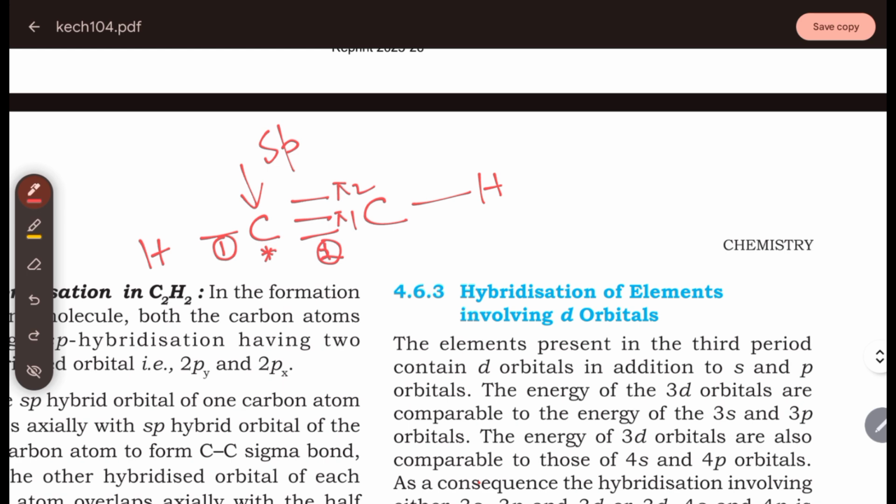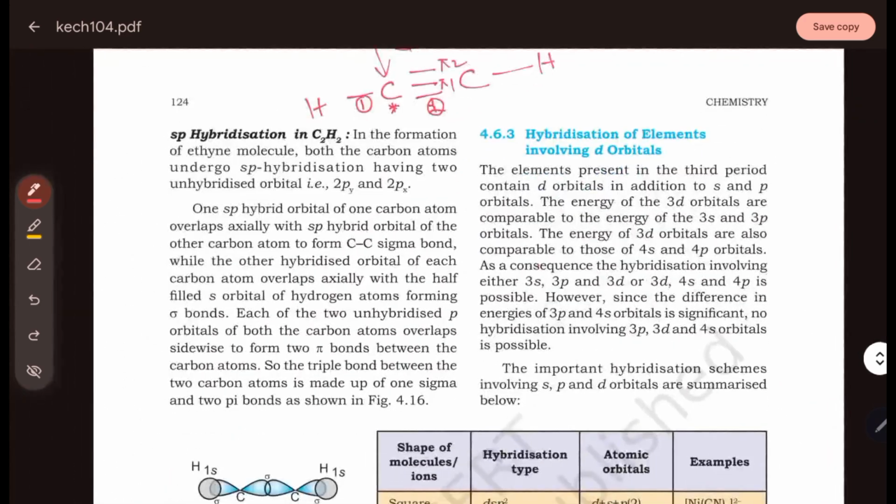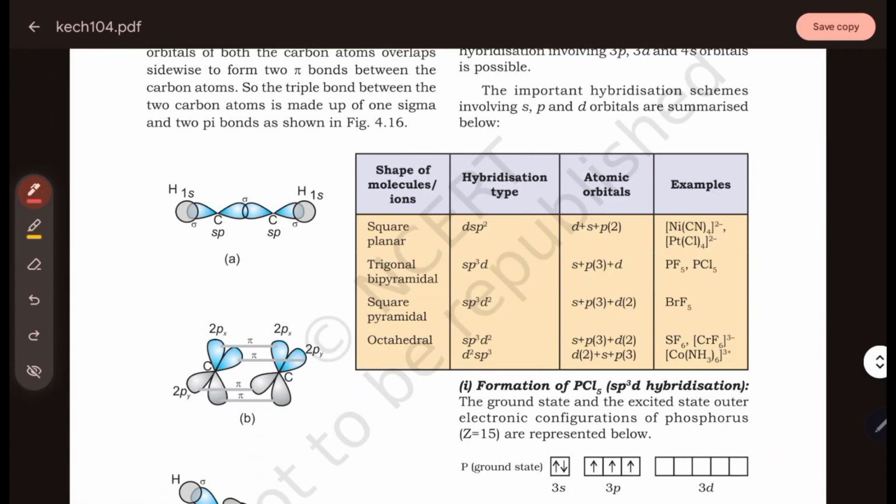So obviously 2 atomic orbitals are combining in order to give rise to 2 set of hybrid orbital, and that is sp hybrid orbital with a bond angle of 180 degree. So this is the orbital structure you can see. This is a bond angle of 180 degree and this sigma bond which is obtained is between sp hybrid orbital.